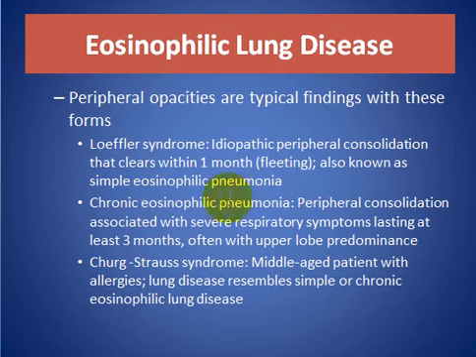In chronic eosinophilic pneumonia, there is peripheral consolidation associated with severe respiratory symptoms lasting at least 3 months, and it is often with upper lobe predominance. Churg-Strauss syndrome involves the middle-aged patient with allergy. Lung disease resembles simple or chronic eosinophilic lung disease.